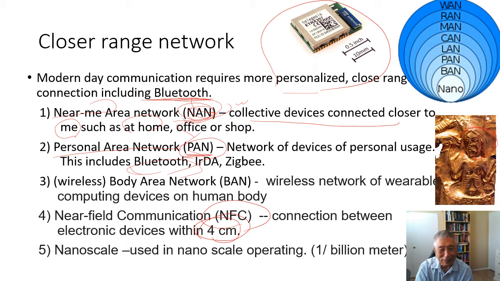This may be new to you, but these are new developments in the 4th generation industrial revolution, where everything is super connected, and these are very important types of networks.